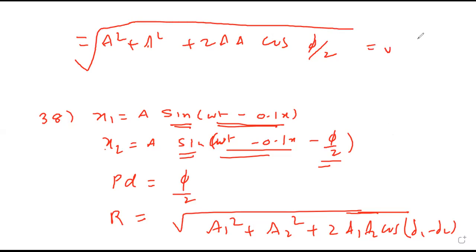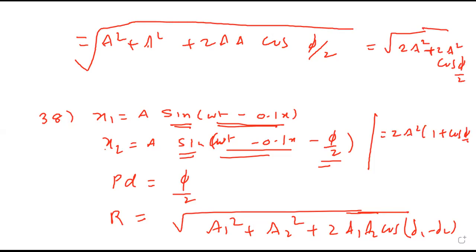Then this will become root of 2A square plus 2A square into cos of 5 by 2, which is root of 2A square into 1 plus cos 5 by 2.